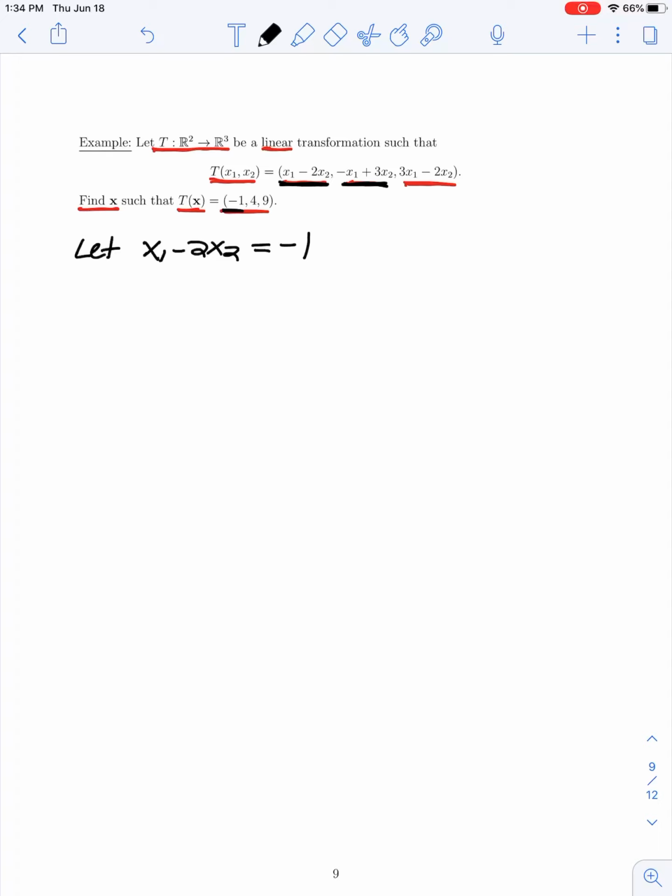The second component is negative x1 plus 3 times x2, which needs to be 4. And the third component, 3x1 minus 2x2, has to equal 9. So we have a system of linear equations here, and to solve this, we could use an augmented matrix.